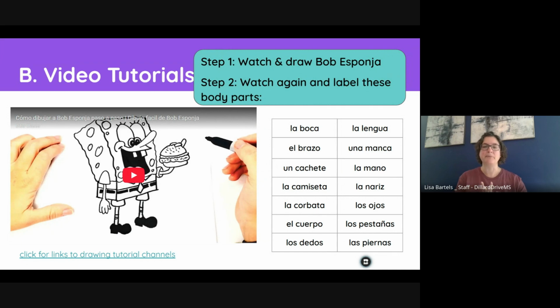The second step is we're going to watch again, and this time we're going to label the body parts that she said. So I would give students this list: la boca, el brazo, and so on. And we might go through and listen to the pronunciation, especially in French. We would work on pronunciation or practice that a little bit, so we know what we're listening for. And then I have students work again with the tutorial and try labeling each of these body parts as they listen.